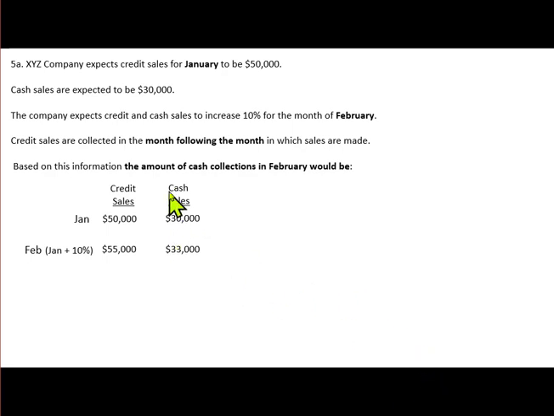And now, based on this information, the amount of cash collections in February would be what? And that's based on how we collect things, which is credit sales are collected in the month following in which the sale was made. So how are credit sales collected? For January, we collect nothing in January from credit sales and 100% of the credit sales in February.